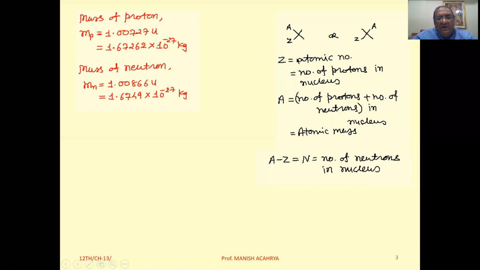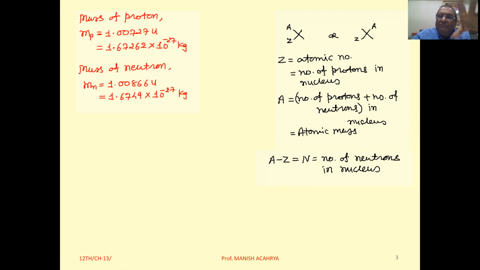Clear? We already discussed that Z represents the atomic number, which is nothing but the number of protons in the nucleus. We are studying nuclei, so we are interested in the number of protons. Otherwise, it will give you the number of electrons also. In chemistry, you majorly use this symbol for the number of electrons also. Clear?